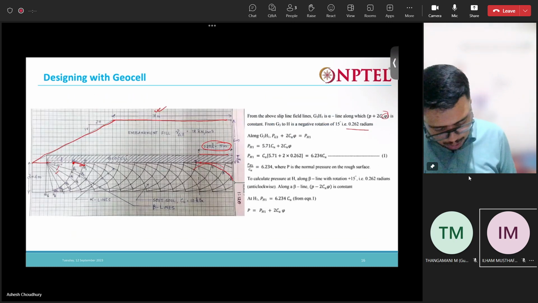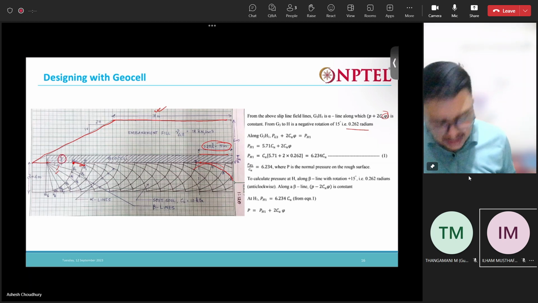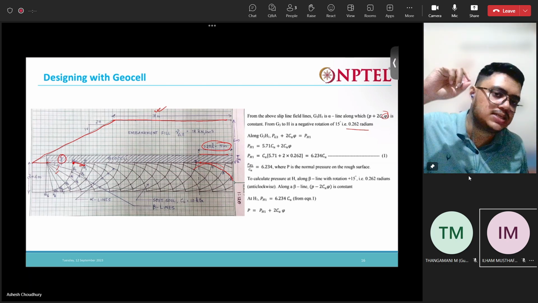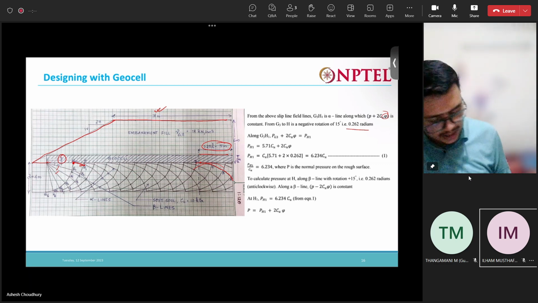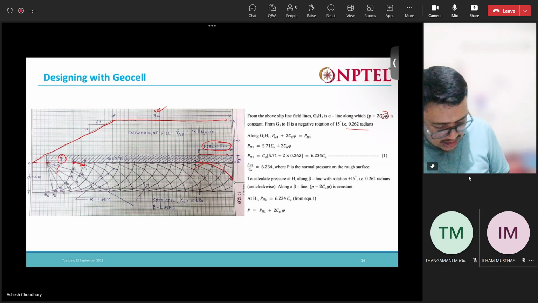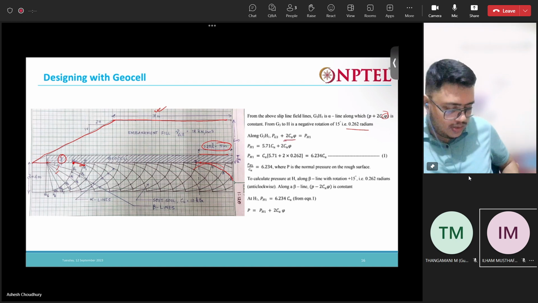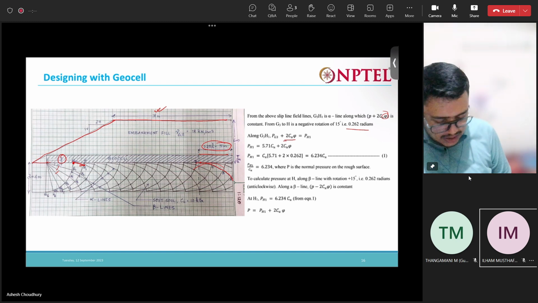So at g3, what is our pressure? 5.71 cu. Now if you want to go from g3 to h1, what we need to do is add 2 cu theta. Then we will get the pressure at h1.